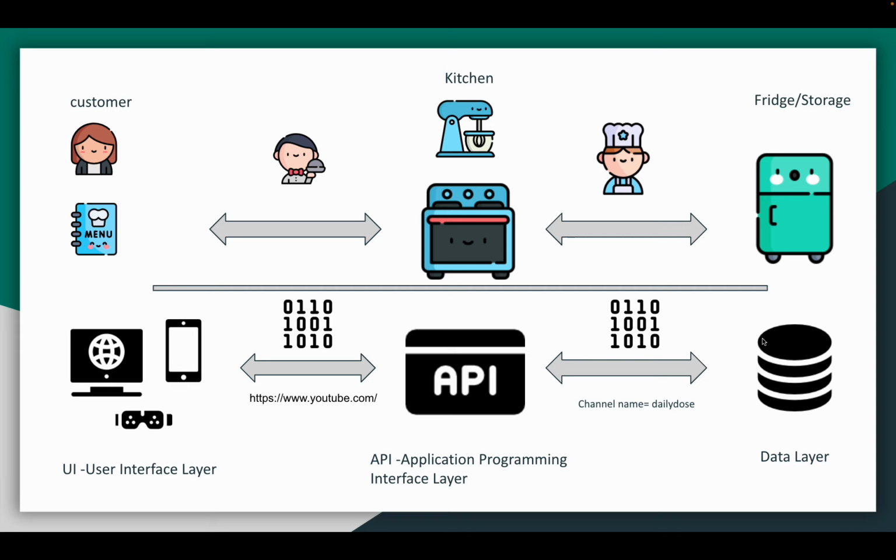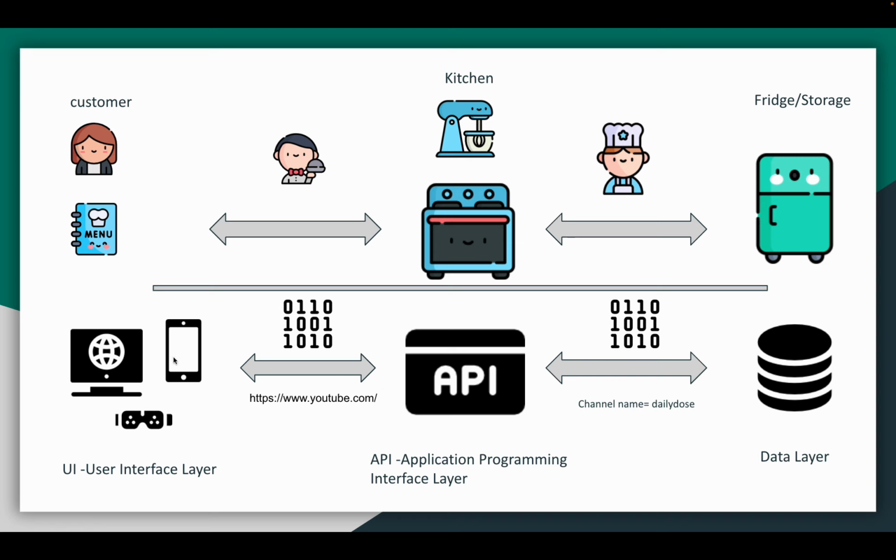The data layer can be compared with the fridge or storage layer, where we store our data. It can be in the form of tables with rows and columns, or it could be in document format. The application programmable interface is capable of accessing the data layer. It will try to find the required information and all the information related to that particular request.